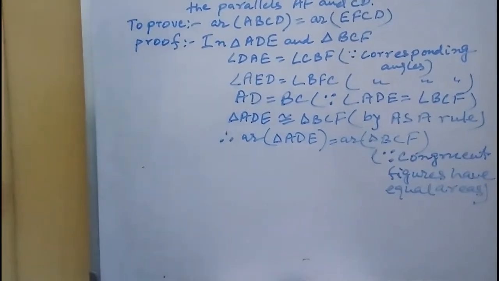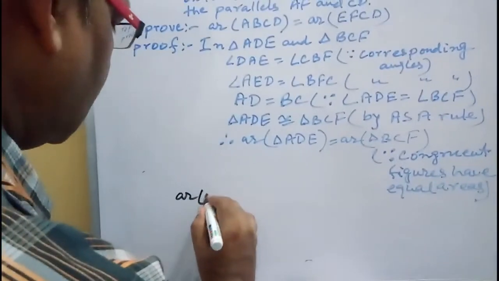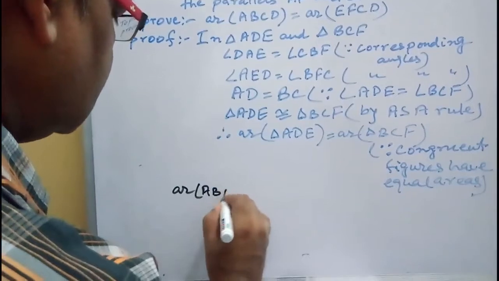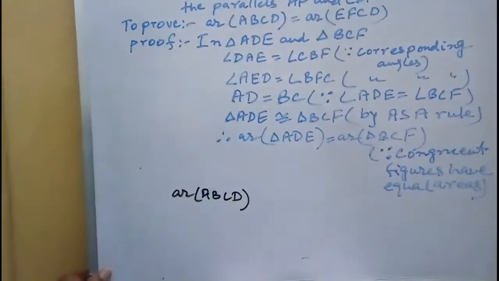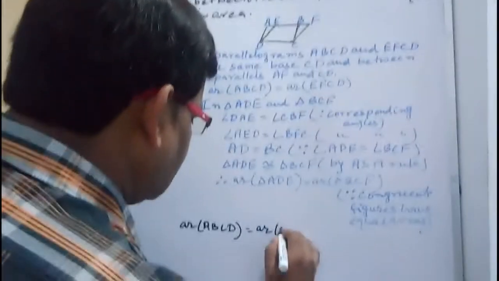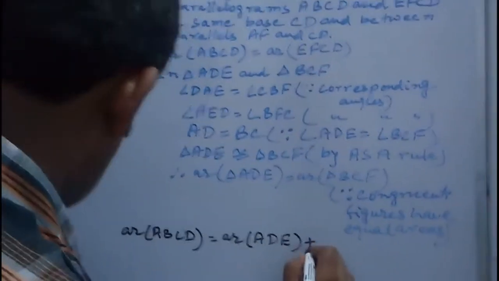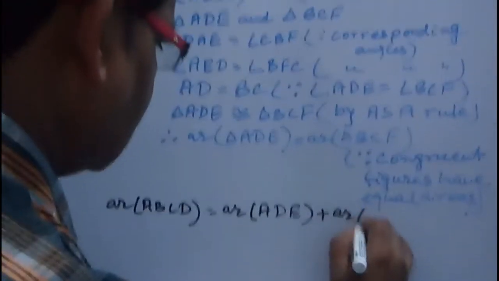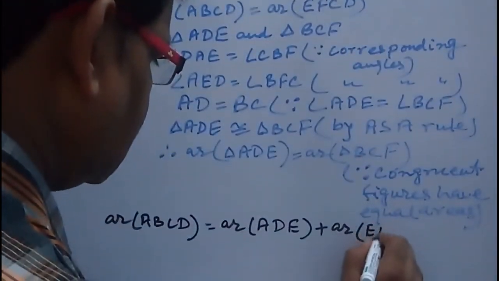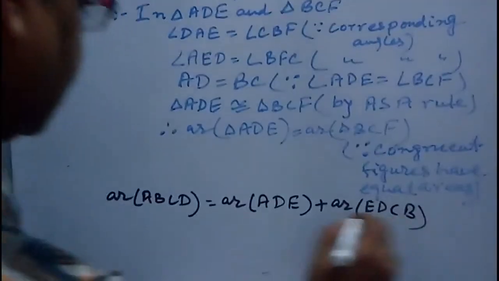Now, area ABCD is equal to area ADE plus area EDCB.